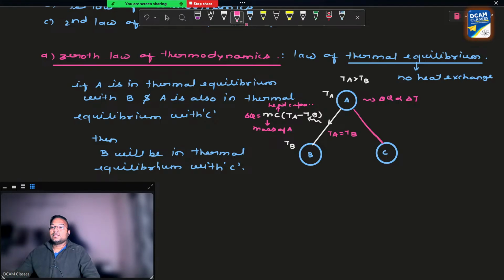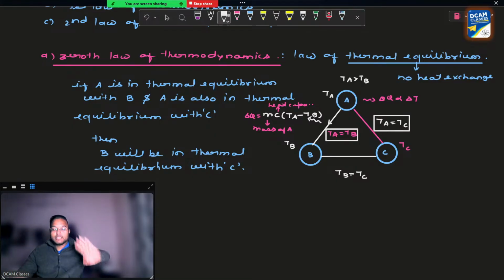Similarly, when A is in thermal equilibrium with C, that means TA should be equal to TC also. Now you have these two relations, TA is equal to TB and TA is equal to TC, then automatically I can say that TB will also be equal to TC. So that means B is in thermal equilibrium with C automatically.